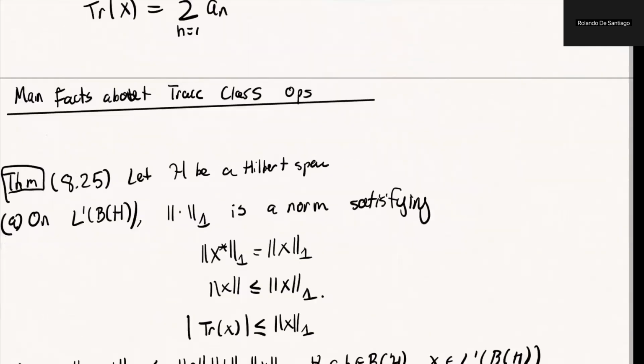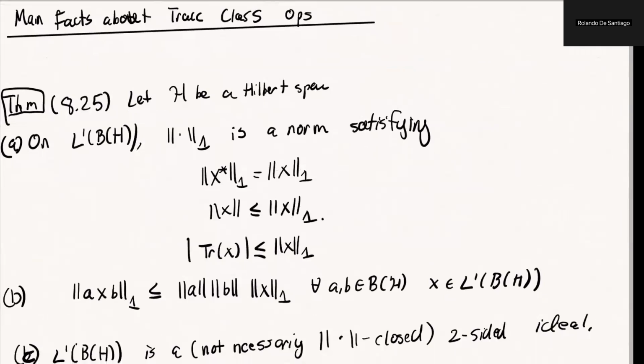Let's just summarize a few facts about trace class operators. This is contained in theorem 8.25 in our preliminary notes. Okay, the setting is as follows. Start with a Hilbert space. The set of trace class operators is a normed space. In fact, the one norm, as we defined it earlier, is a norm, and it satisfies the following conditions.